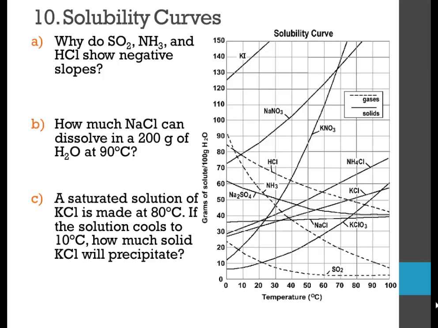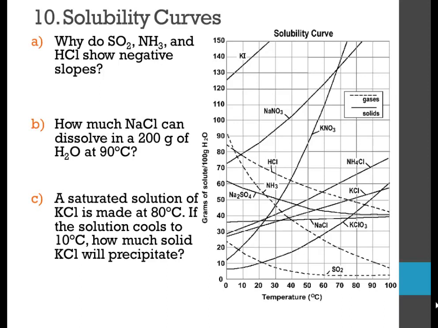Number 10 are questions about solubility curves. So we've got to be able to read our solubility curve graph here. The way that this was done is we took 100 grams of water at different temperatures and we saw how much of each solute could dissolve in that amount of water at each temperature.